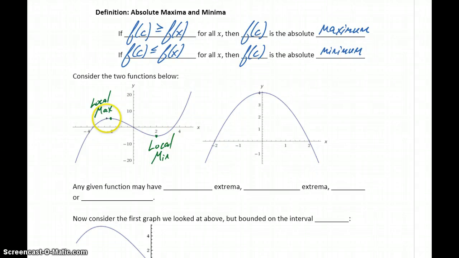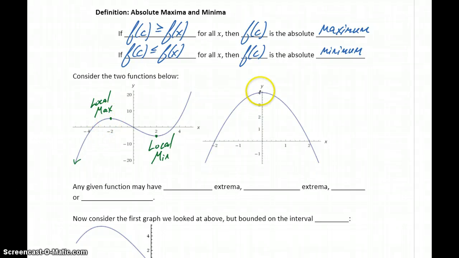But these aren't absolute extrema because even though we have this local minimum, on this end of the graph, our function is decreasing further and further down to negative infinity. So our function is going to take on smaller values than this point. So a local minimum just means that in this area, this is the smallest function value. So the function might take on a smaller value somewhere else, but in this relative region, that's our smallest value. In this region, that's our largest value.